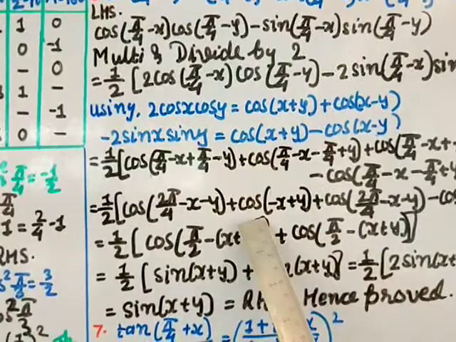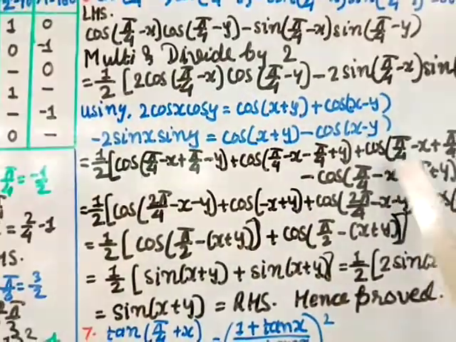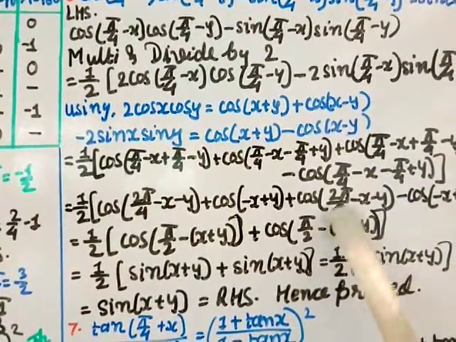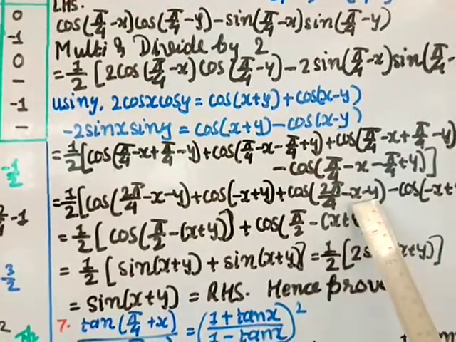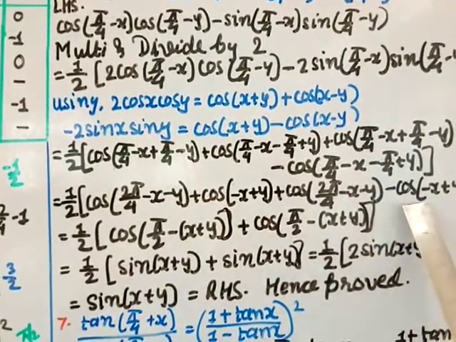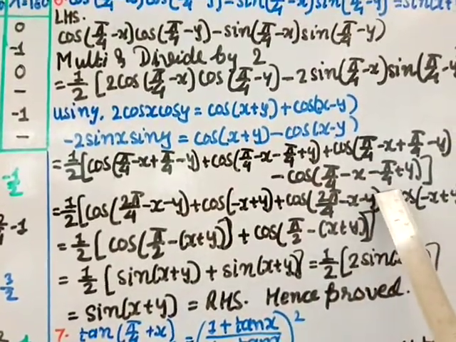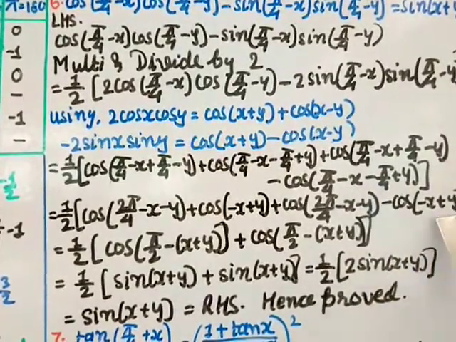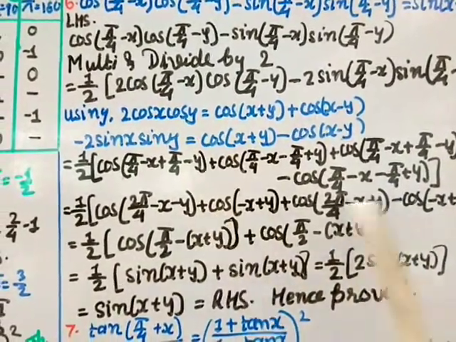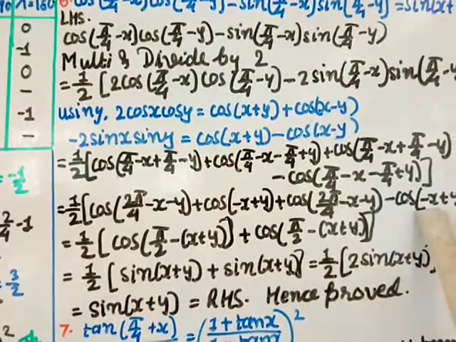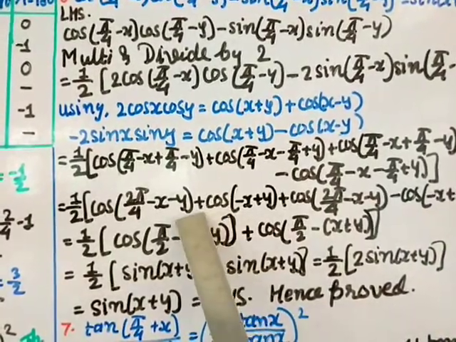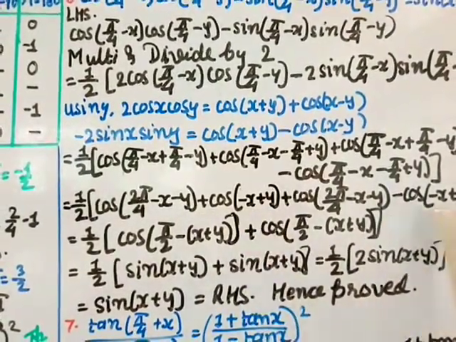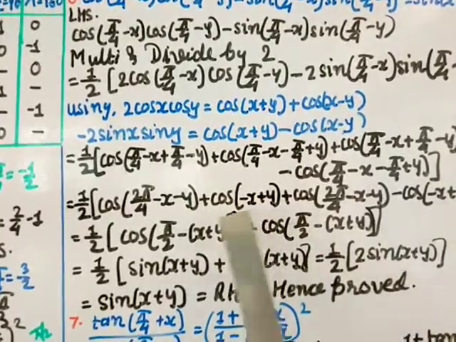And here also pi by 4 plus pi by 4 gives you 2 pi by 4, minus x minus y, minus cos, with pi by 4 minus pi by 4 cancelling, minus x plus y remains. Here this is negative cos of minus x plus y, and here positive cos of minus x plus y. So these two you can cancel.